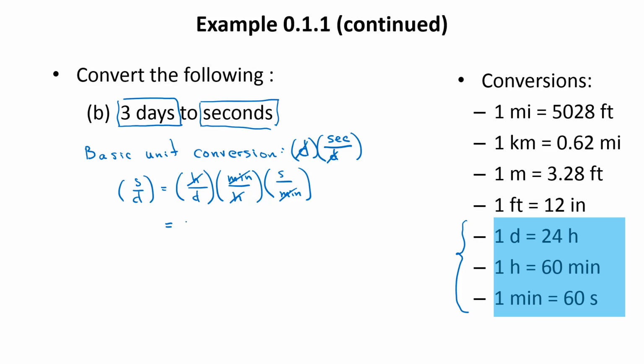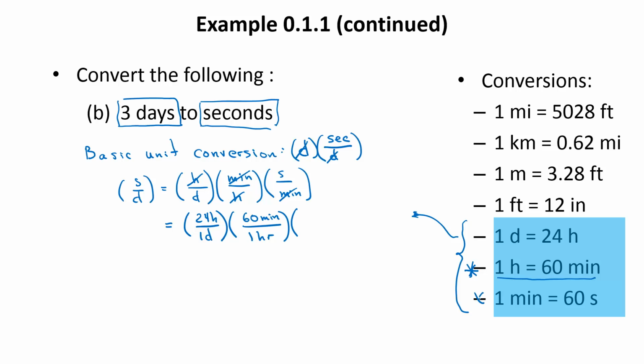So this conversion becomes the number of hours per day. If I divide both sides of this by days, I get 24 hours per 1 day. I can use this one to get my conversion between hours and minutes. So dividing both sides by 1 hour, I get 60 minutes over 1 hour is equal to 1.